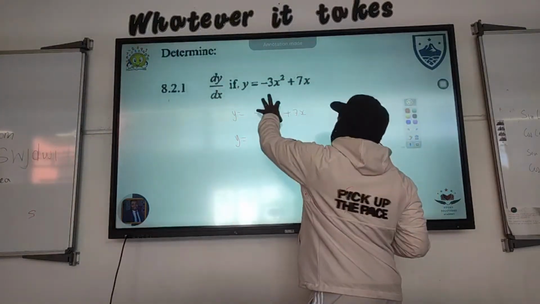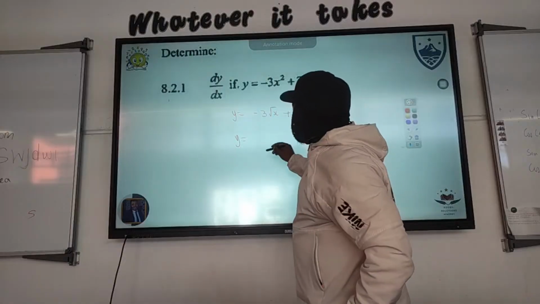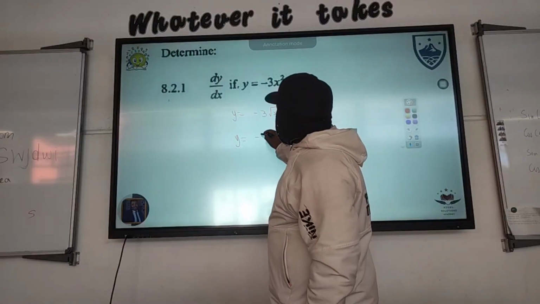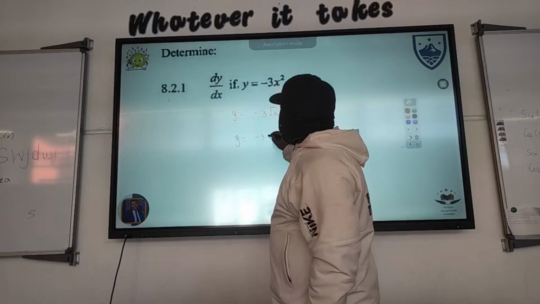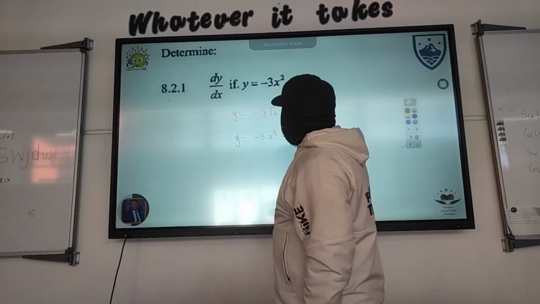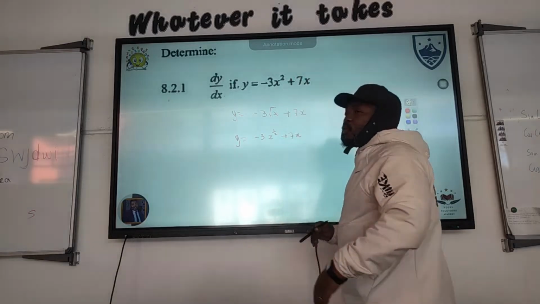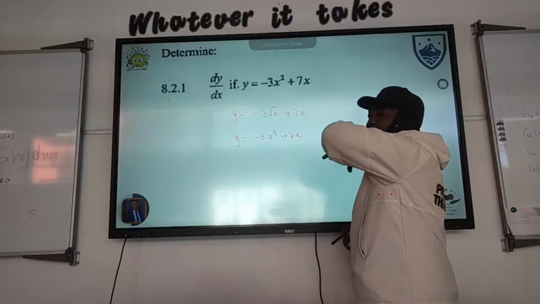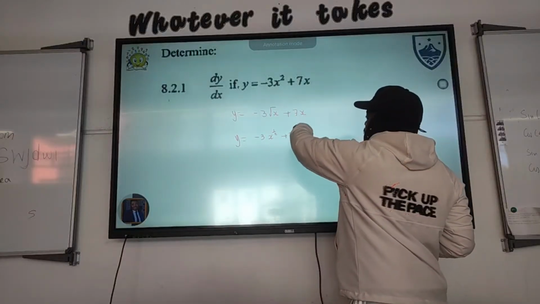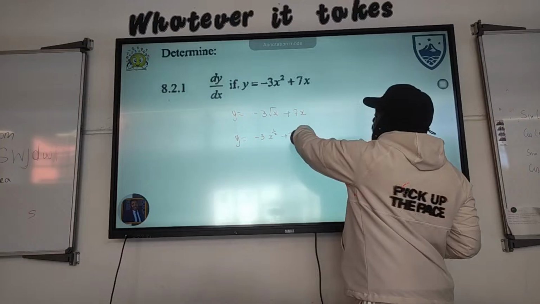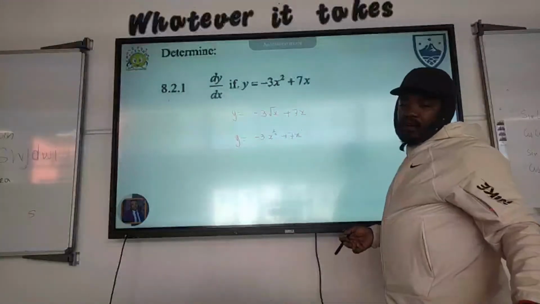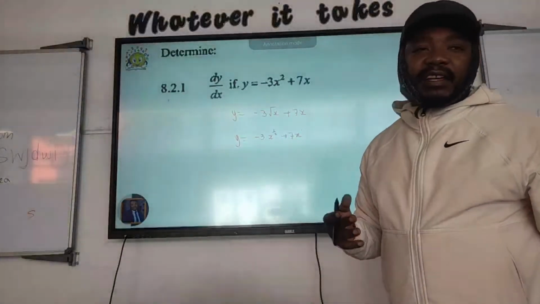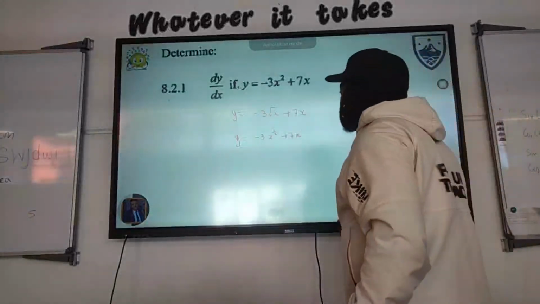Please don't simplify this one and differentiate this one. Leave it as y, and then this will be -3x to the power of 1/2 plus 7x. And everybody in this line is actually in exponential format. We see a power, there is our power, we see our base, we see a power, but the power is 1, and here is our base. Then we can say we are in exponential format. That's when we can start differentiating.